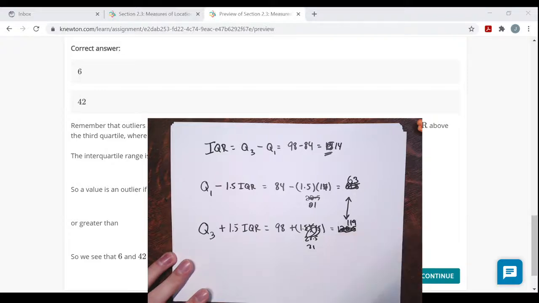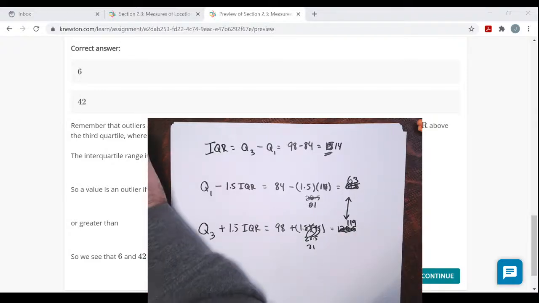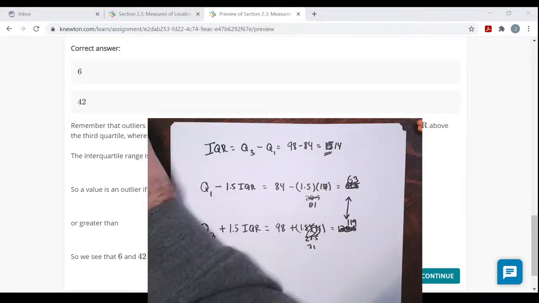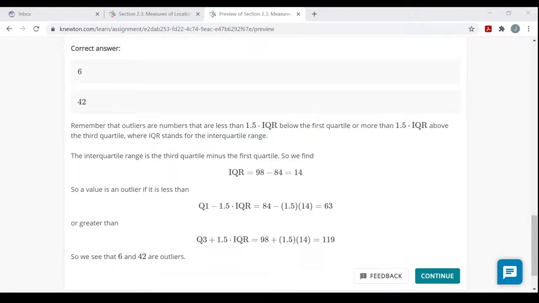But it's still the same numbers. I lucked out. So from 63 to 119 would be okay. Anything less than 63 is an outlier. Anything greater than 119 would be considered an outlier. My goodness, right? So make sure you're doing your arithmetic correctly, folks. That's a good lesson there.